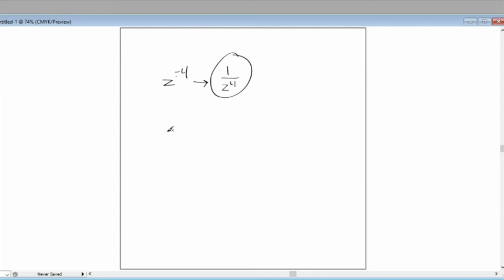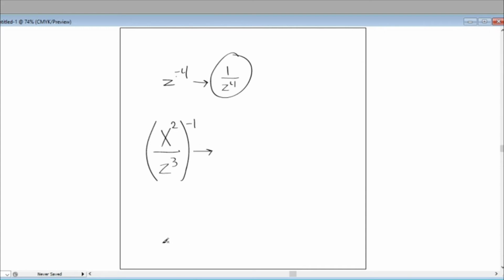Now, if I have something like this instead, x to the 2nd over z, maybe to the 3rd, powers don't matter here very much, and this whole thing is raised to the negative 1. Like we said, reciprocal means flip something.